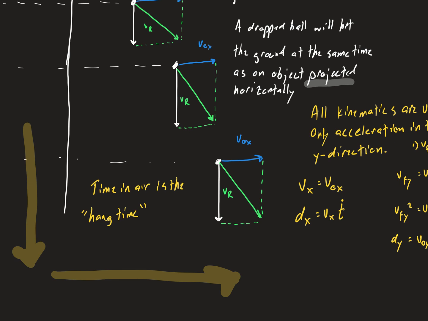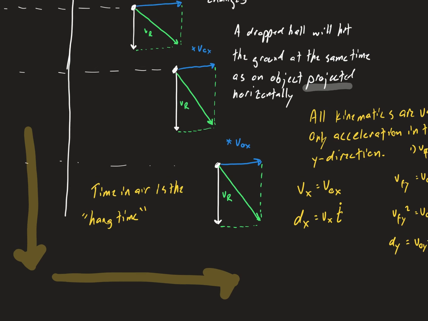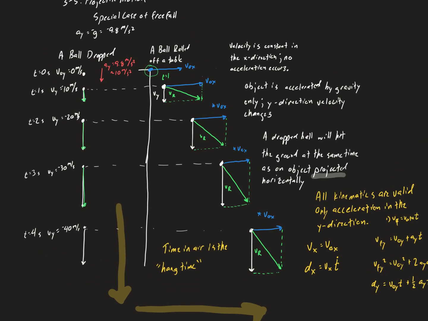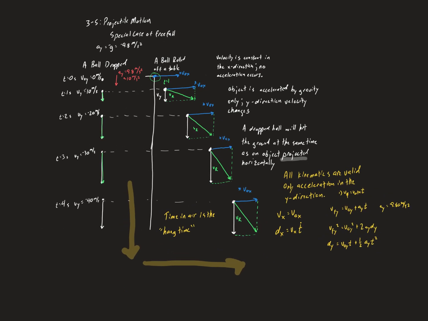That's kind of cool. Once again, notice that all of these blue horizontal vectors, we're trying to illustrate the fact that they remain the same, while the y direction changes.